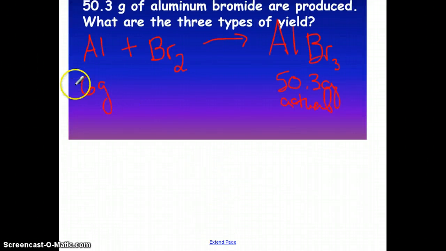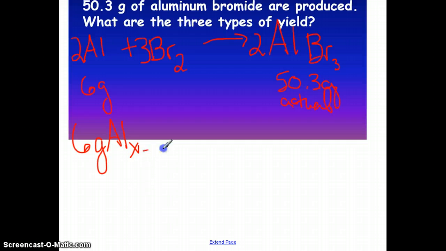To do our theoretical yield, we're going to do a simple stoichiometry problem. First, let's make sure our equation's balanced. Get these bromines balanced, and then balance the aluminum. Okay, now we're balanced. So we're going to take our 6 grams of aluminum. We're going to use stoichiometry to find out how many grams of aluminum bromide we should have gotten.